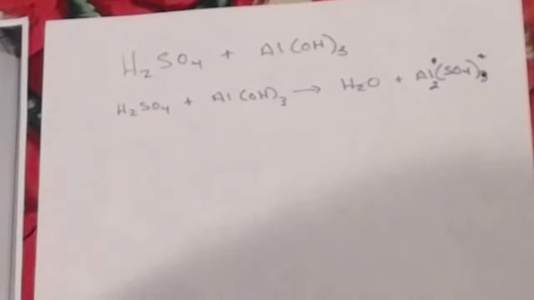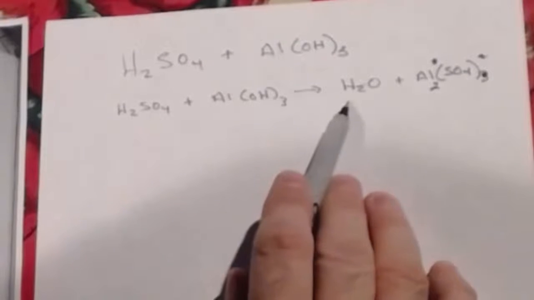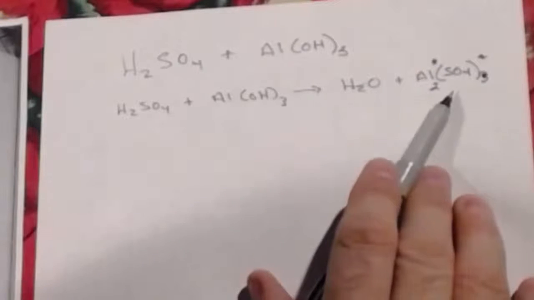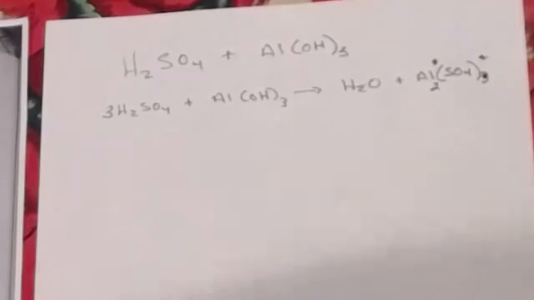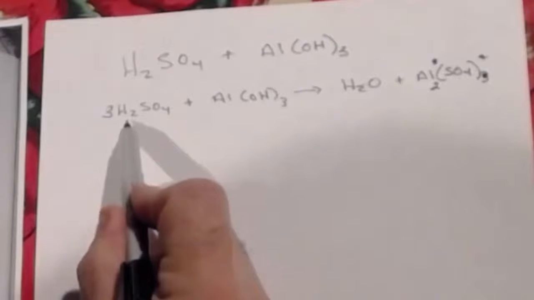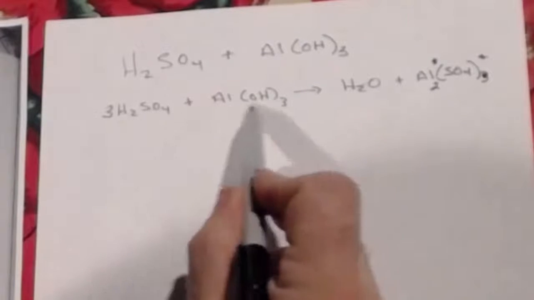Well, let's just count up what we have. We've got 2 hydrogens, that balances, 1 SO4, and over here we have 3 sulfates, 3 SO4s. So we know we're going to need to have at least 3 on this side. Now what does that do? That kind of messes us up here because we've got 3 H2s now. Each one of those hydrogens is going to match with an OH.